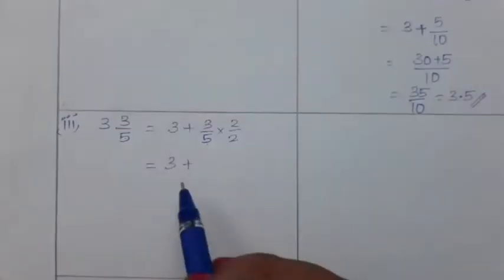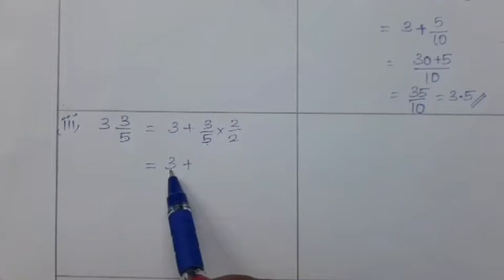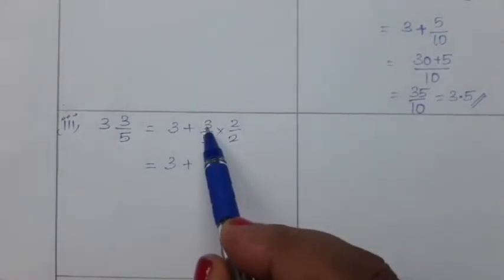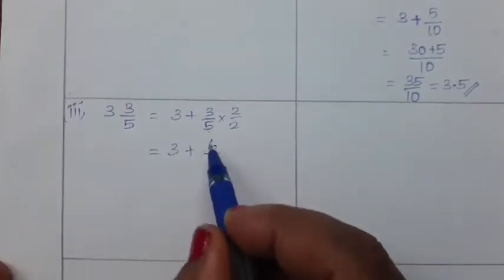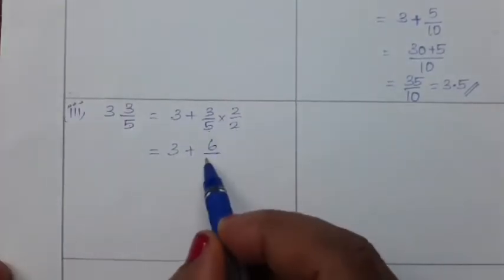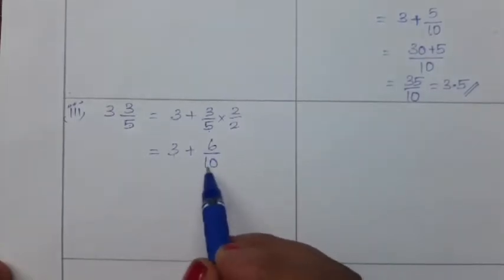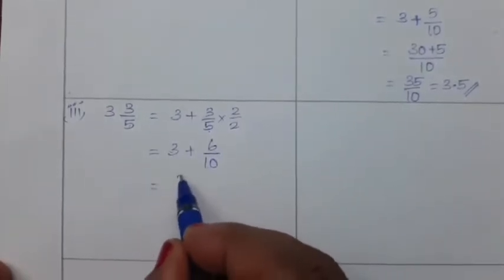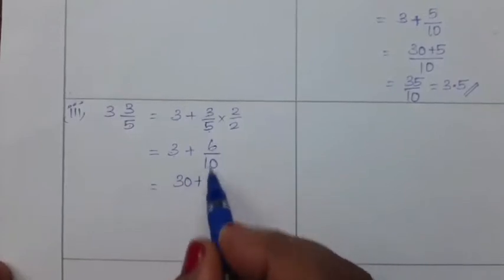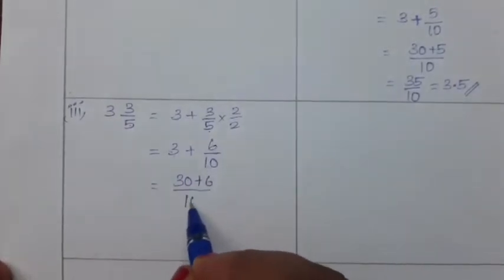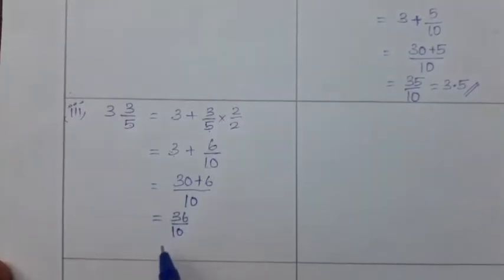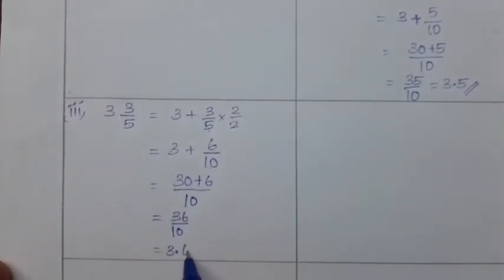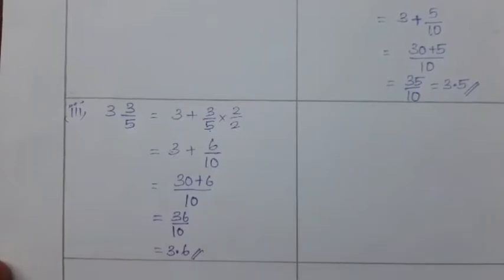Here I write this 3 as it is, multiply 3 by 2, we get 3 2s are 6, divided by 5 2s are 10. Now take the cross multiplication, 3 10s are 30 plus 6 whole divided by 10, which is equal to 36 divided by 10. Dividing 36 by 10, we get 3.6, which is the required fraction.